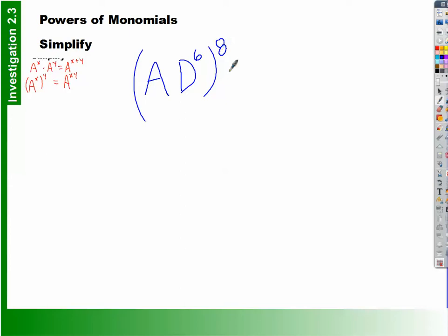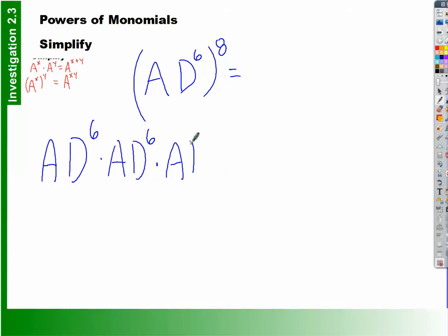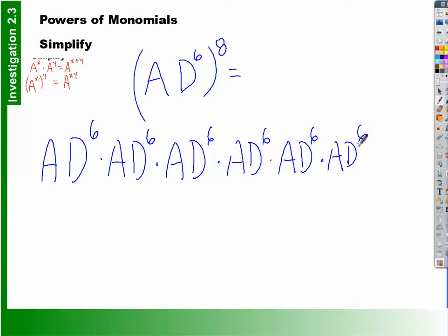So this is going to be equal to a d to the 6th times a d to the 6th, and so on, eight times. Okay, I should pick a smaller exponent.